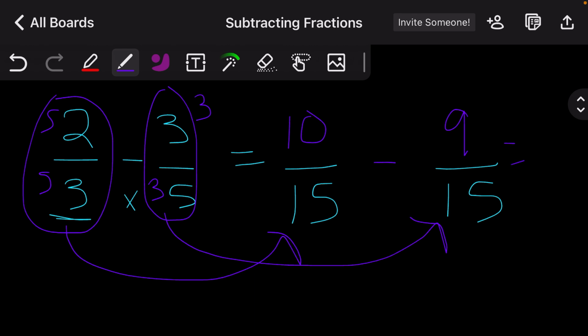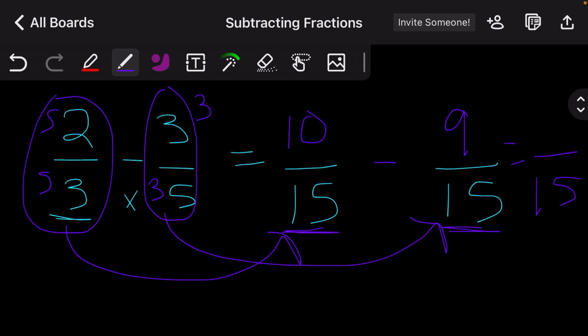Now that we have both of these fractions cut up in the same amount of pieces, and we made sure that we scaled up our numerators, the only thing left to do is to go through with our subtraction. When you're adding or subtracting fractions, the denominator does not change. So we're going to keep that as 15, because we changed it.